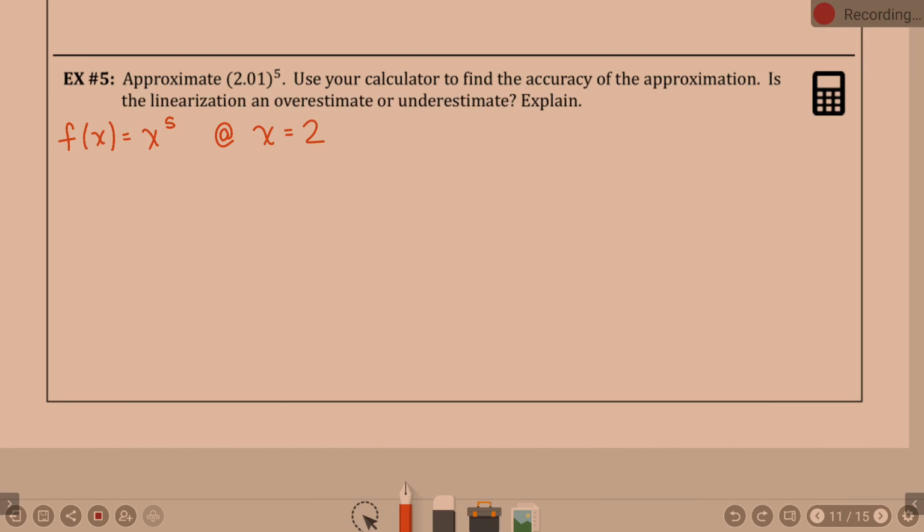So f of 2, 2 to the 5th, is going to be 32. What else do I need to know? I need a slope, so I need a derivative. What do we know? F prime of x would be 5x to the 4th.